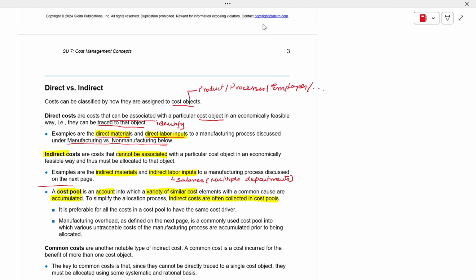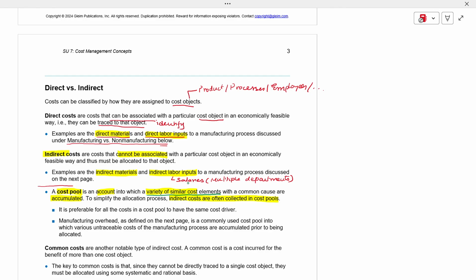The most important thing is a variety of similar cost elements. If you say selling and distribution, that means selling expenses and distribution expenses.